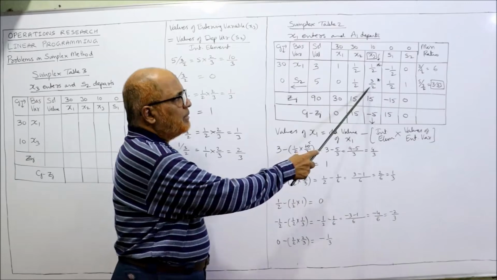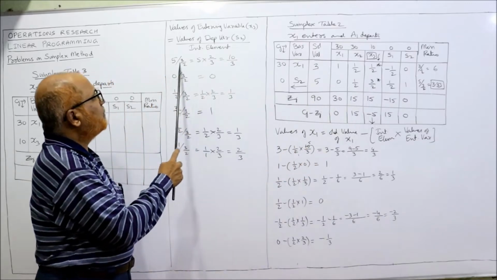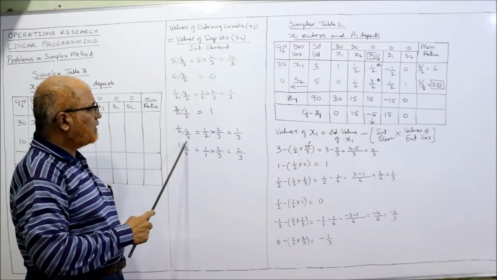The intersectional element is 3/2, so all are divided by 3/2.